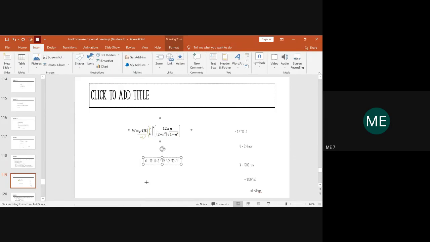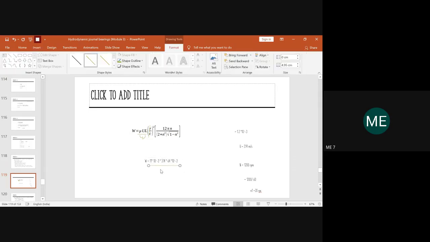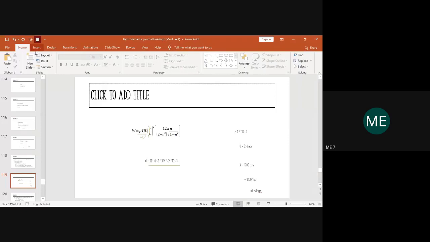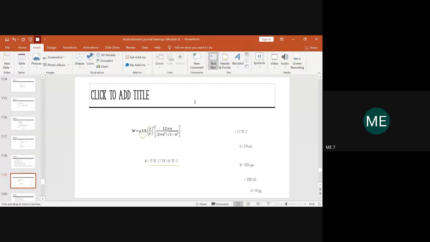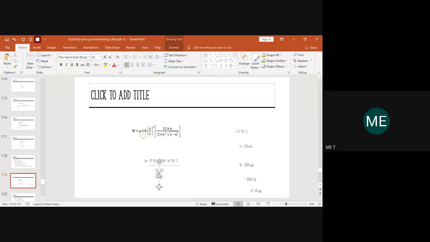Everyone kindly do calculate and let me know, divided upon chi value we had got as 1.2 into 10 to the power of minus 3.